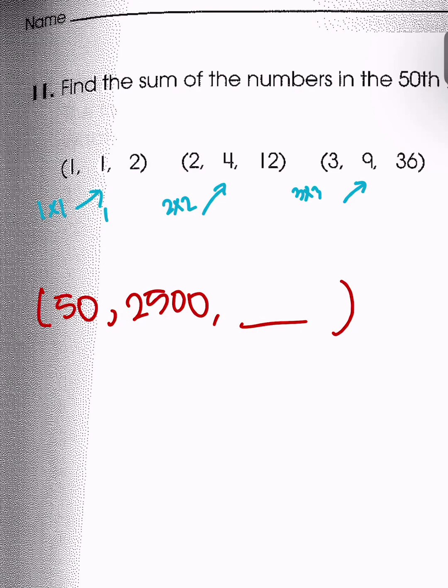To give you guys a hint, instead of trying to think about going from the second number to the third number, think about going from the first number to the third number instead. I think that's a really big hint.